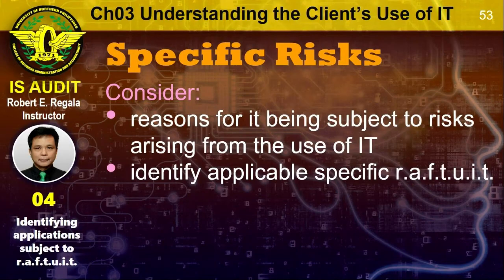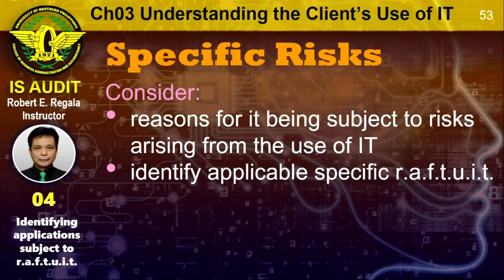Applicable IT risks may result when the entity uses external or internal service providers for identified aspects of its IT environment. For example, outsourcing the hosting of its IT environment to a third party, or using a shared service center for central management of IT processes in a group. Applicable risks arising from the use of IT may also be identified related to cybersecurity.